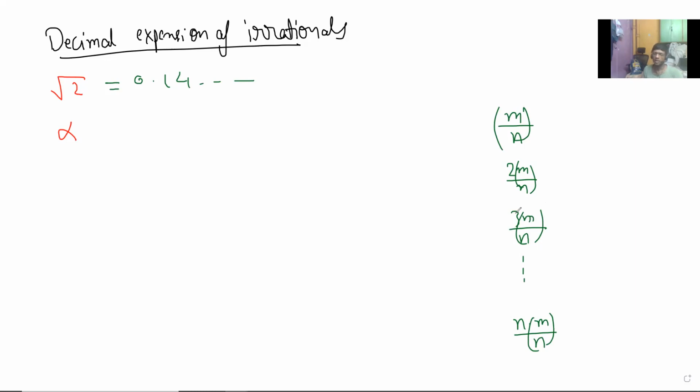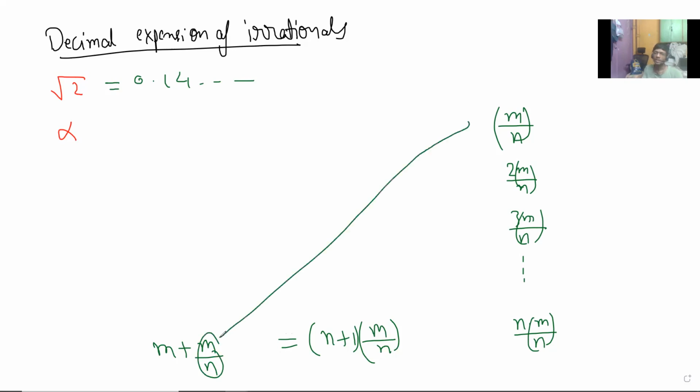It does not quite stop, but if you take n plus 1 times m by n, it's not the same number as before, but it doesn't have any new decimal expansion. m is the integer part and the other is what you already had. So you don't get any new decimal expansion. There are only finitely many decimal expansions, and these are the ones, because after that they don't change, they just cycle.